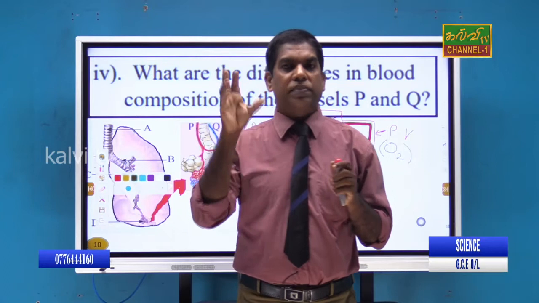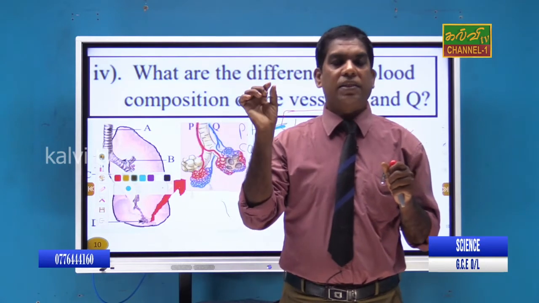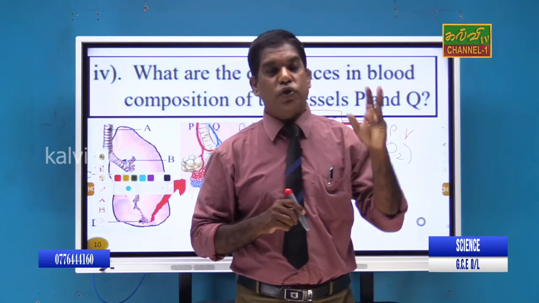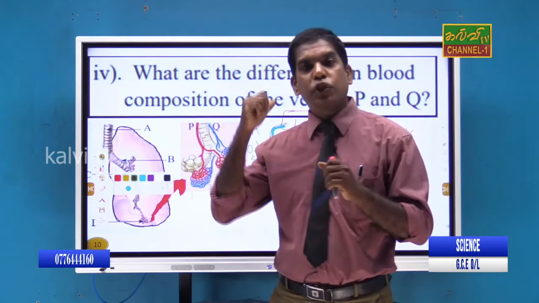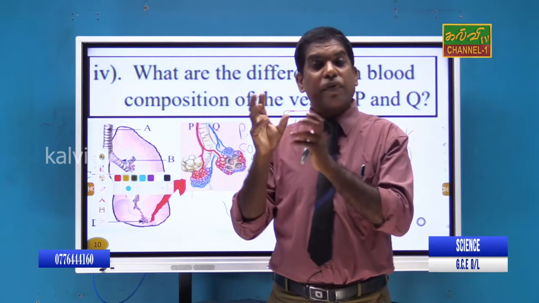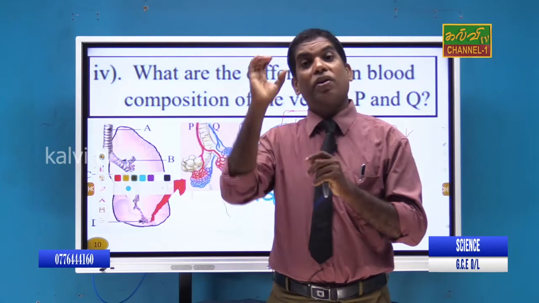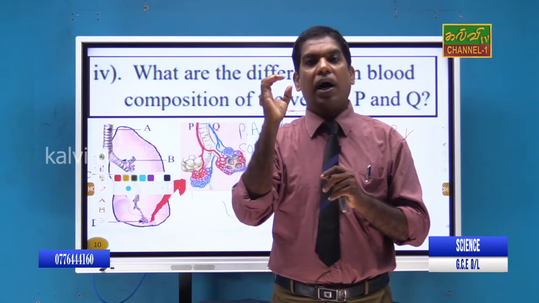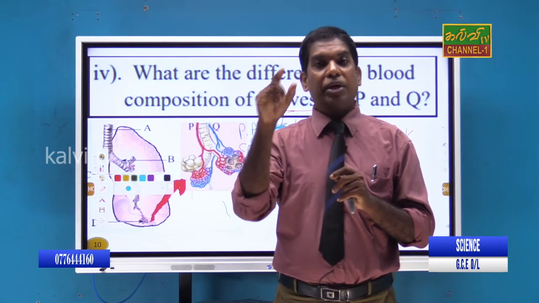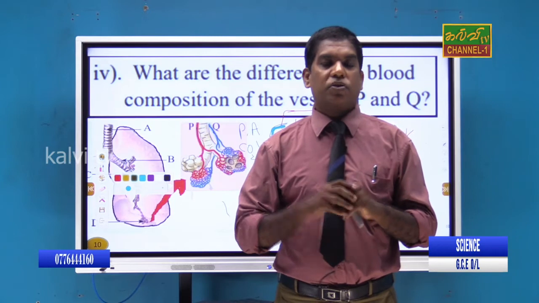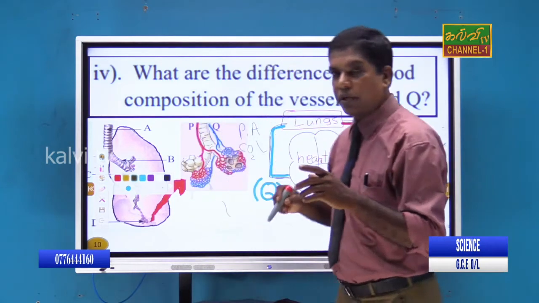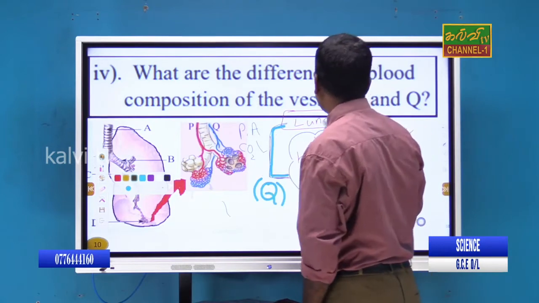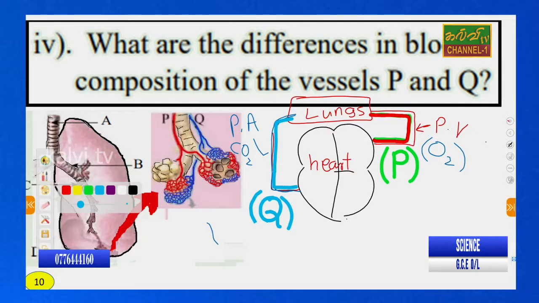The wall is flexible and thicker in arteries, but veins are not like that. They don't expect that, because in this question they asked the differences of blood, not the wall of the vein or artery. See the question: what are the differences in the blood composition of the vessels P and Q?